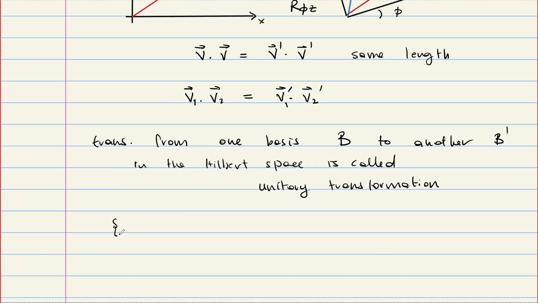For example, we can think about phi n, in ket notation, and I can transform to another, phi n prime. And these are two different bases.